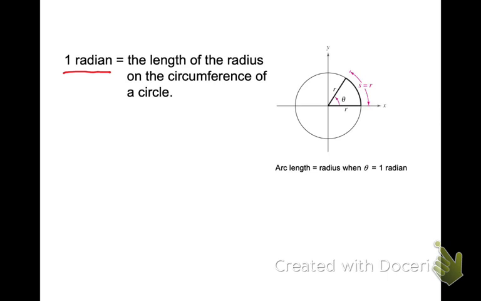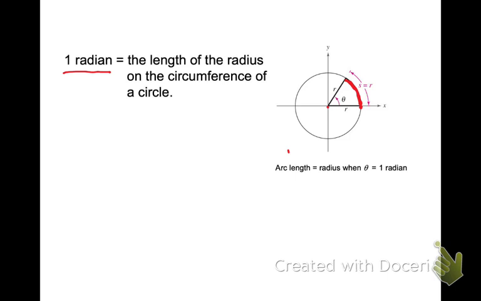It's like I took a piece of string and measured from the center out to the circumference, and take that piece of string and lay it on the circumference of the circle. Right there.